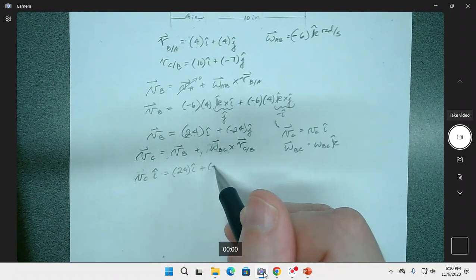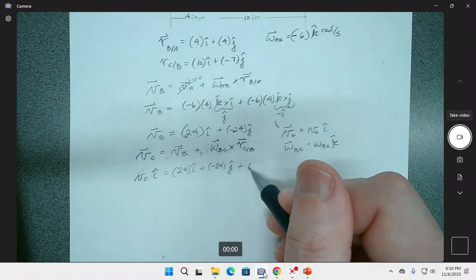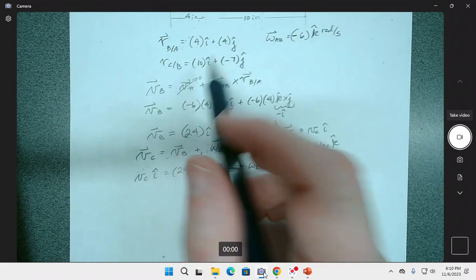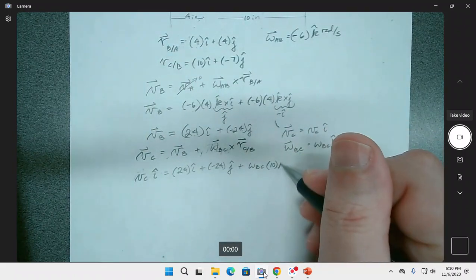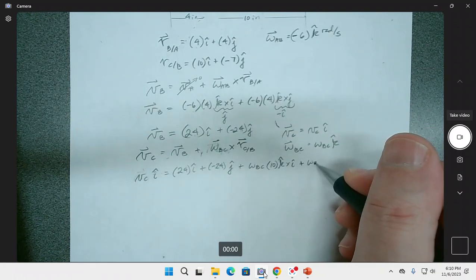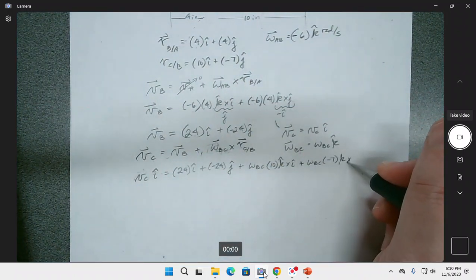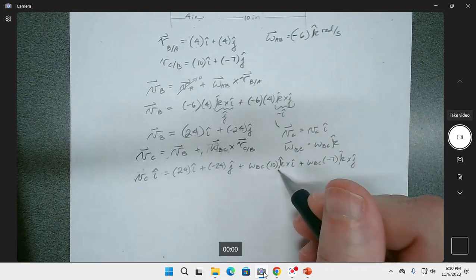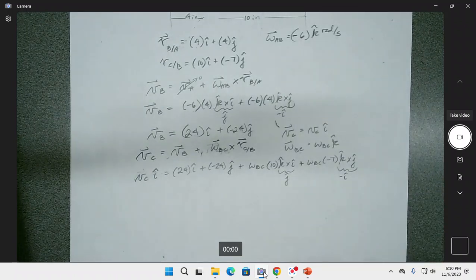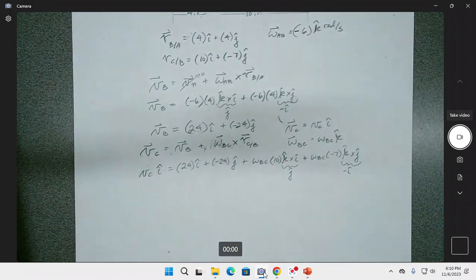It's going to be equal to 24I plus negative 24J, and then plus omega BC times 10K crossed with I plus omega BC times negative 7 times K crossed with J. And that's going to be J, and that's going to be negative I. So now we can collect the things together.